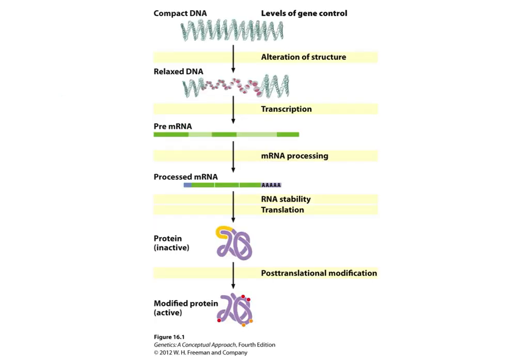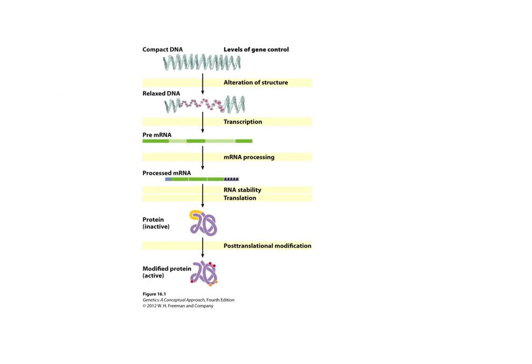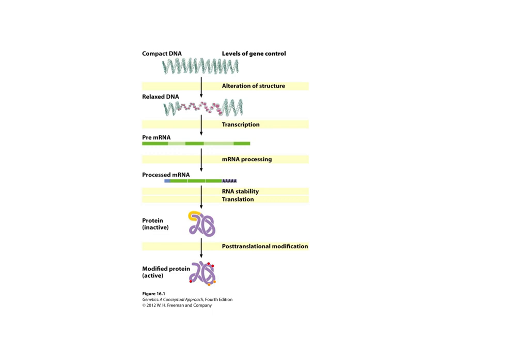So what? Levels of gene control right here. Compact DNA, heterochromatin, is shut down, not available for transcription. We can relax it, alter that structure, make it euchromatin.